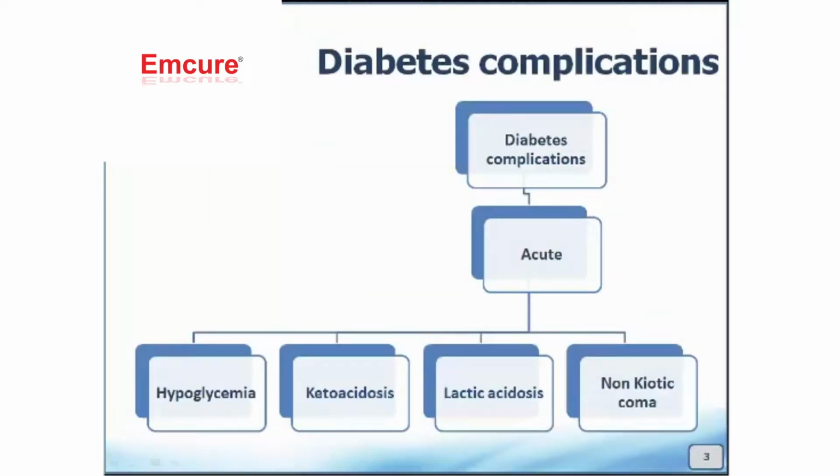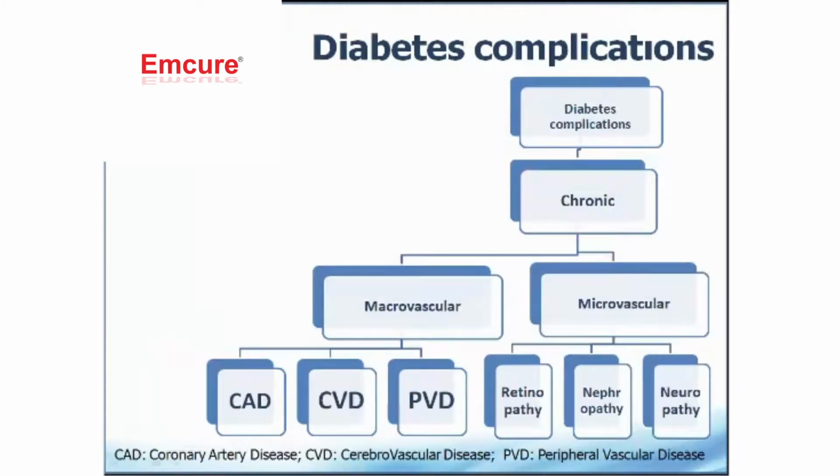Among the acute complications of diabetes, hypoglycemia is one, whereas there are some other acute complications like ketoacidosis, lactic acidosis and non-ketotic coma. Let us see what the different chronic complications are. The chronic diabetic complications are further divided into macrovascular and microvascular complications.